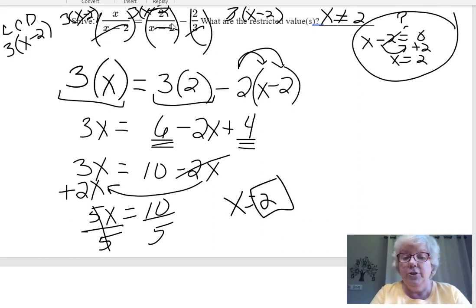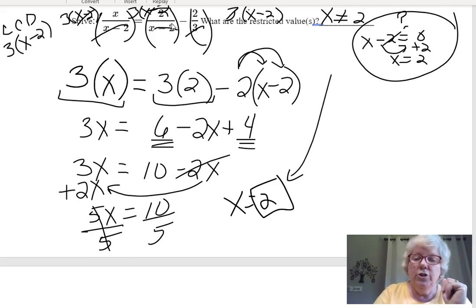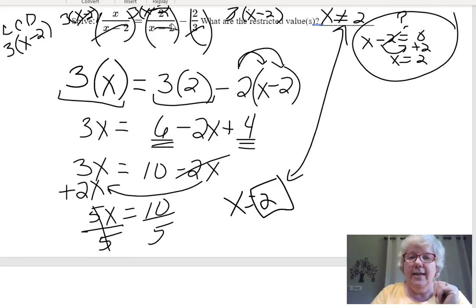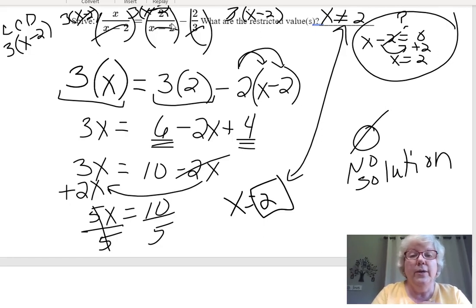I have the solution. At least that's what I think I have. Notice that this solution and this restriction are the same. If that ever happens, you have a no solution, inconsistent, because the solution cannot be that restricted value. Therefore, this is one with no solution, even though it appears as if it does have one.